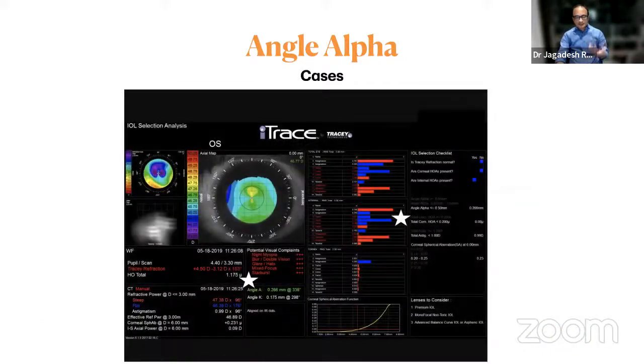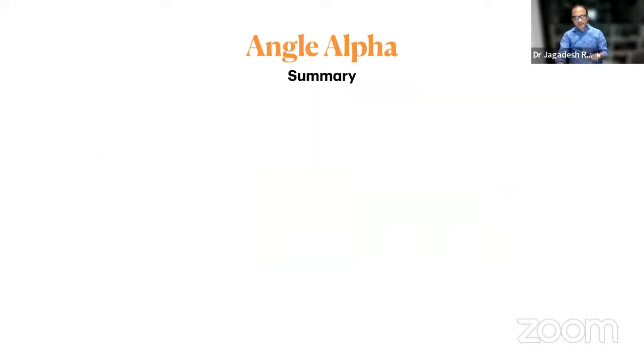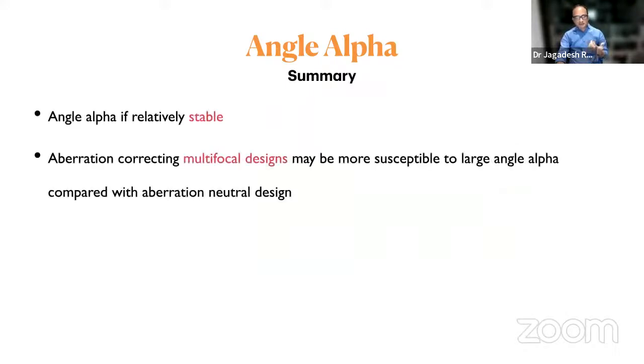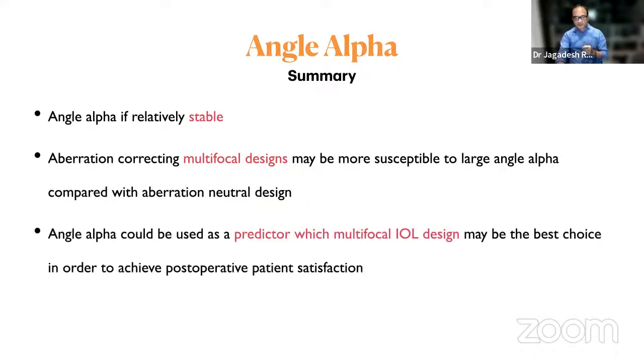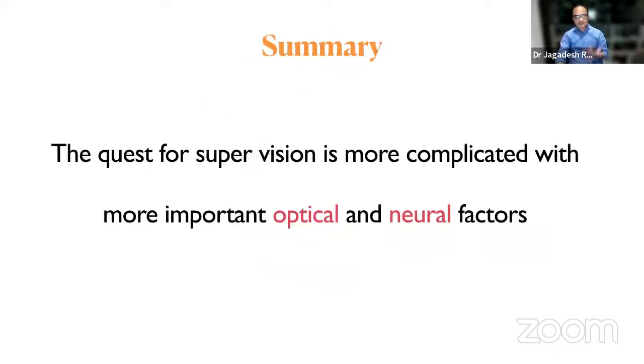I'll skip these examples and then I'll summarize. So angle alpha is relatively stable, and aberration-correcting multifocal designs may be more susceptible to large angle alpha compared to aberration-neutral designs. So angle alpha could be used as a predictor with multifocal IOL design, but not with all; you cannot generalize it to all IOLs. I think IOL design should be considered as well.